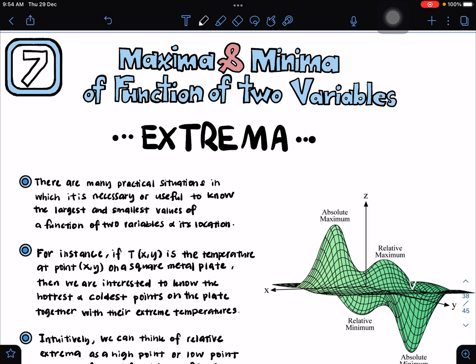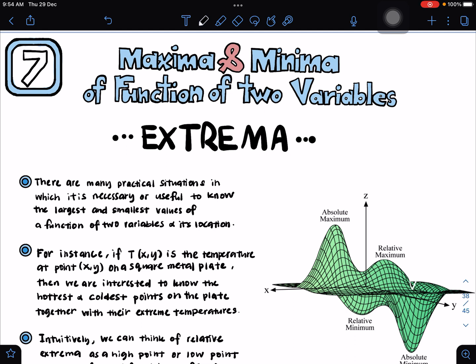If you can remember, previously in your school or diploma level, we learned how differentiation can help us find the critical point.